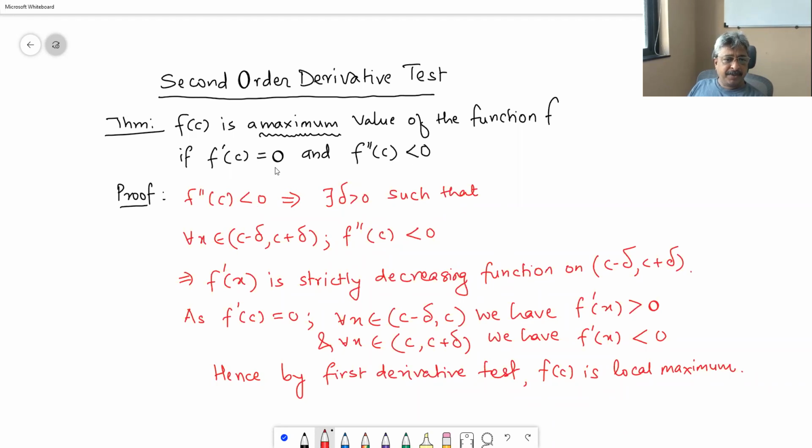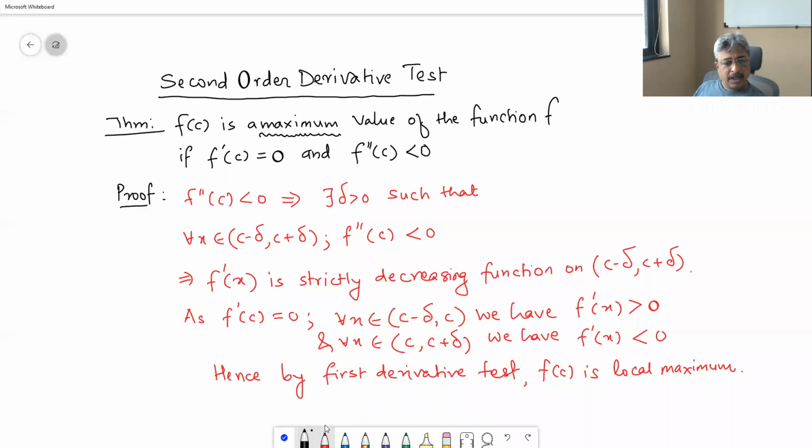At c, f dash is 0, so to the left of c it must be positive and to the right of c it must be negative. Then if you observe f, the slope of the tangent to the left is positive and to the right is negative. Therefore, at c it must be a maximum.